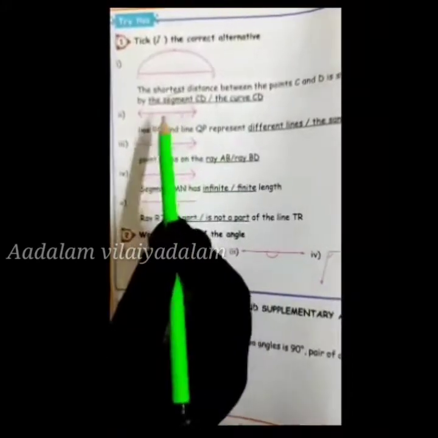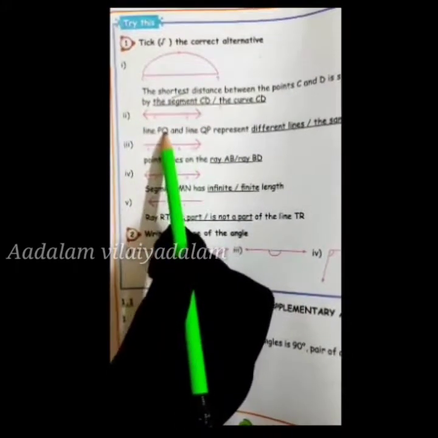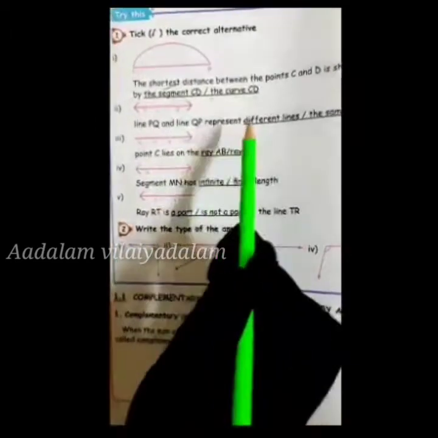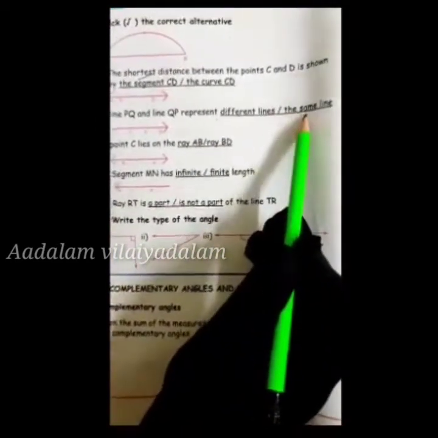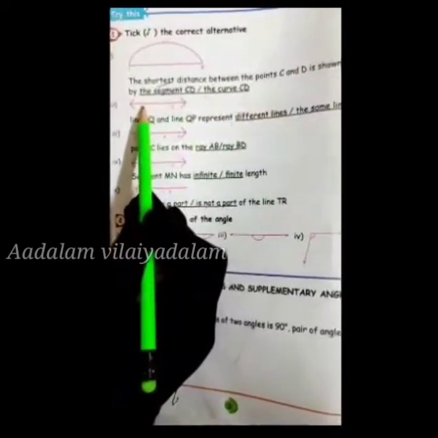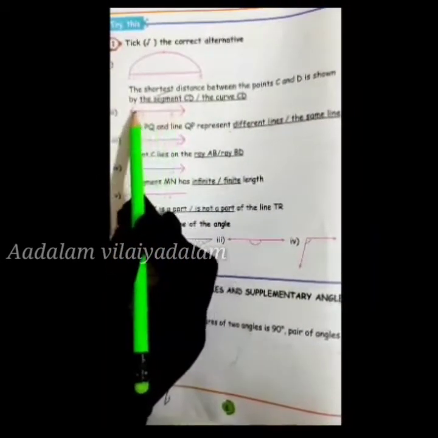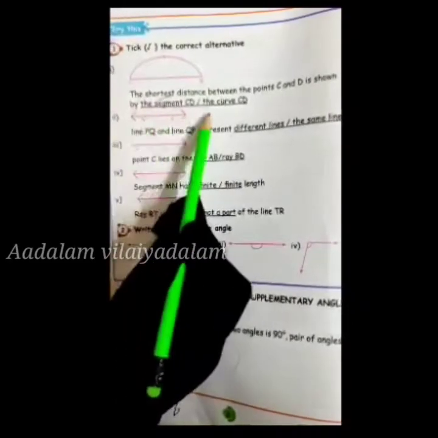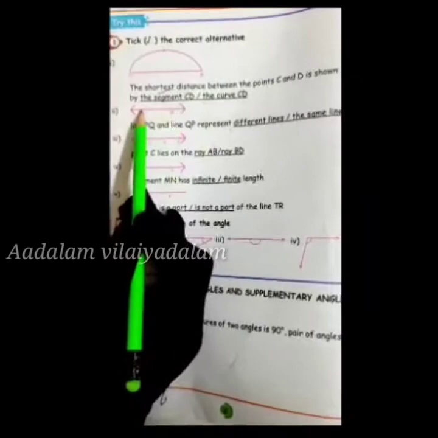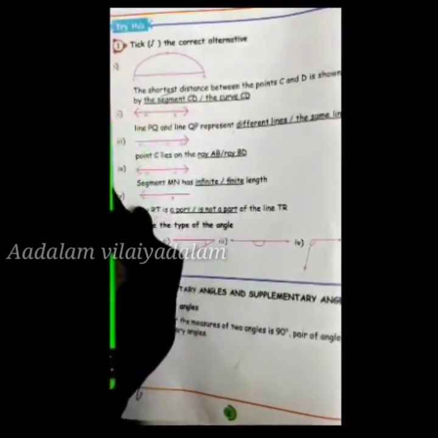Second one: line PQ and line QP represent different lines or the same lines. Here PQ will extend in this direction, and QP also extends in another direction.